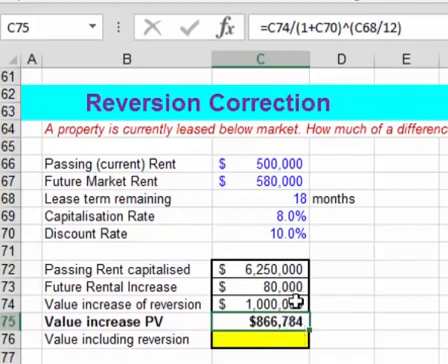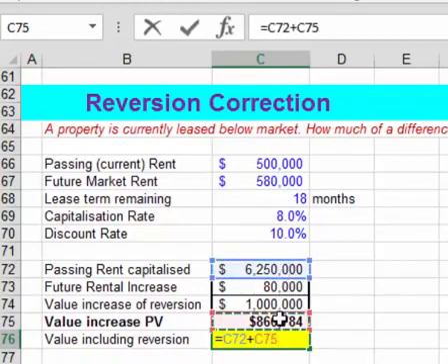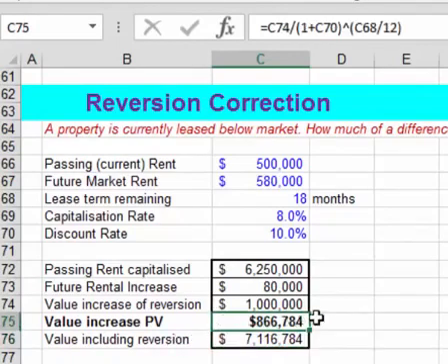So it means that the $1 million we have to wait 18 months for is only really worth $866,000 today, and so the total value of the property is the $6.25 million plus the $866,000, and that gives us a value including reversion of $7.1 million. So that's a fairly simple little calculation. The present value calculation here is the only tricky part.